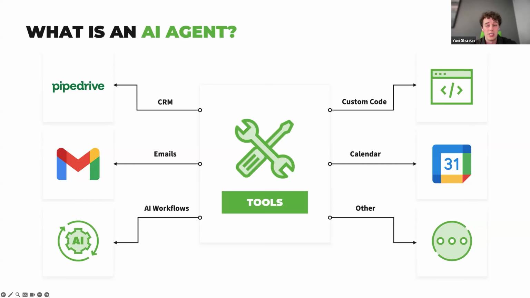That can include some ready-made integrations like Google Calendar or Gmail that allow your agents to read your messages, write emails from you, check your calendar, and so on.